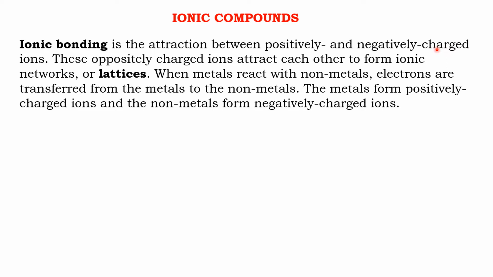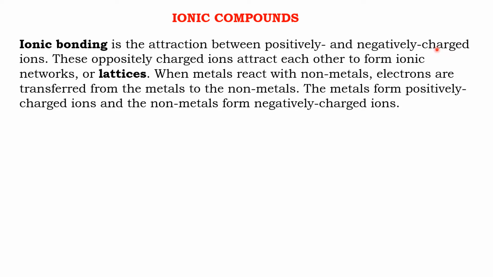Usually metals react with nonmetals to form ionic compounds. That means the metals are highly electropositive, they lose their electrons. As a result, they become cations, that is positively charged ions. Nonmetals, on the other side, are highly electronegative, so they accept electrons and become negatively charged ions or anions.